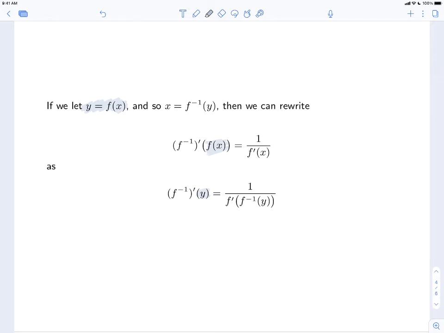But we can solve this for x, and we write x is equal to f inverse of y. So this particular x we rewrite as f inverse of y, and this is the more usual way of writing the theorem. F inverse prime of y is equal to 1 over f prime at f inverse of y. And this is the more usual way of writing the formula.